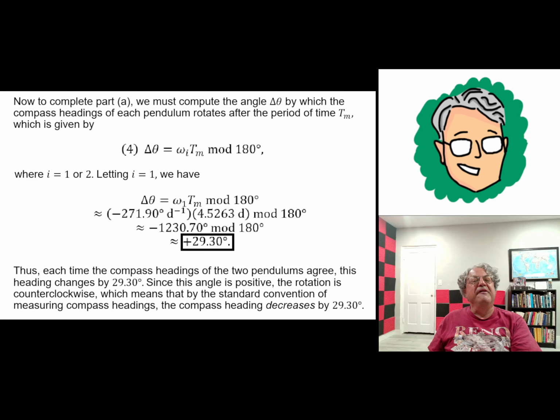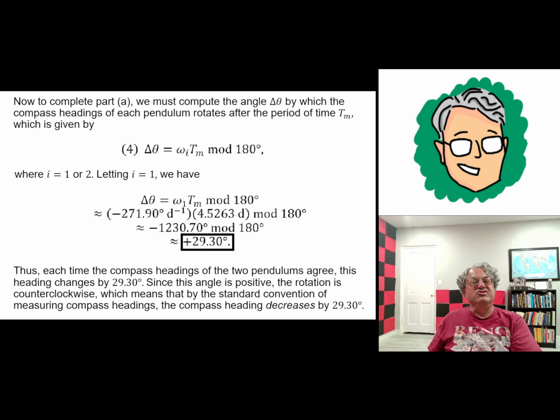I decided to use the one in Paris, whose heading is changing minus 271.9 degrees per day. We multiply that by T sub m, which is 4.5263 days, and we get minus 1,230.70 degrees. But we take that result modulo 180 degrees, and when you do that, you get plus 29.3 degrees.